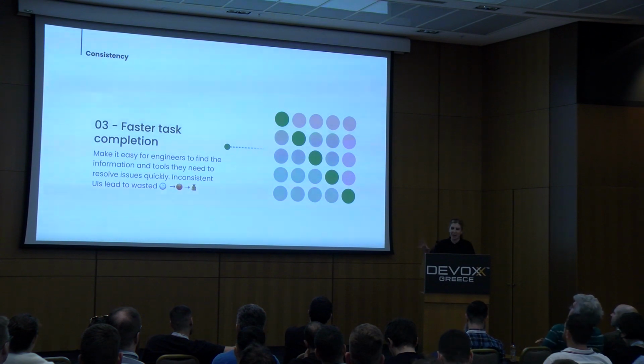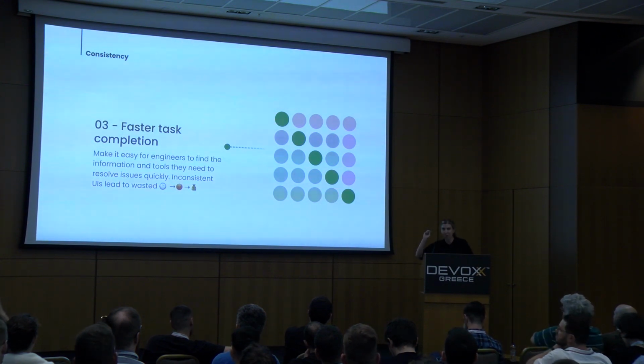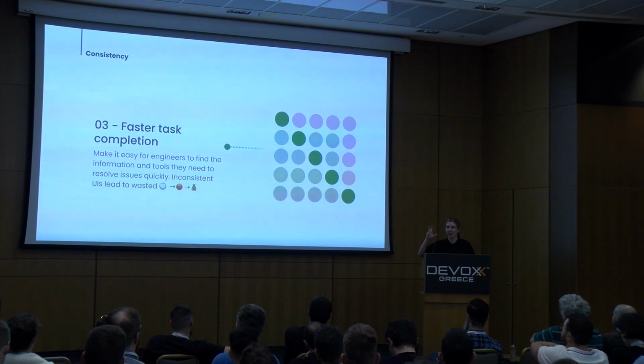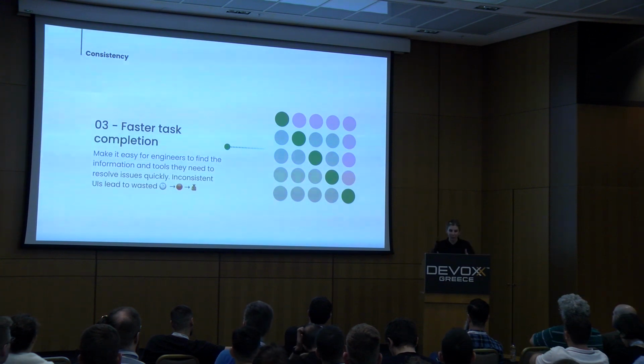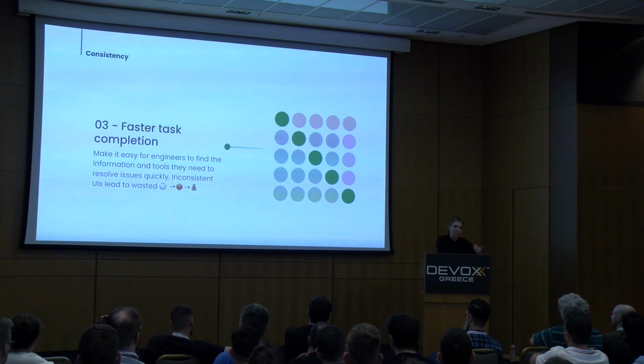By maintaining consistent placement of common actions like search, filters, even fixed buttons, whatever the main primary action that you have, across all tools, engineers can navigate and complete tasks with greater speed and efficiency. So this translates to improved productivity, basically, and fewer errors.